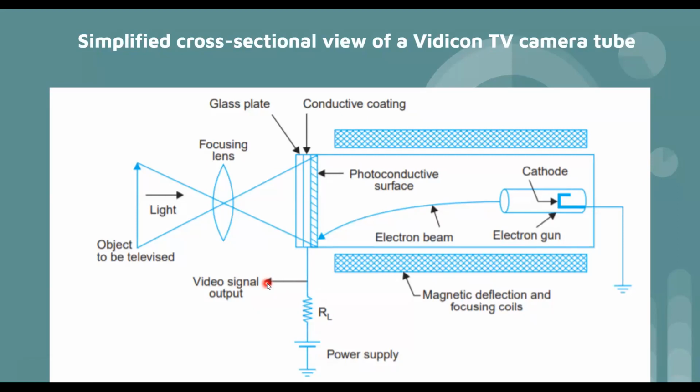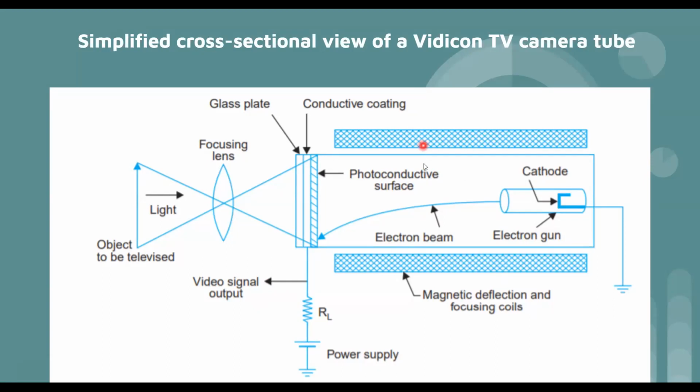From this slide, what we have to know is that the inner side of the glass faceplate has a transparent conductive coating on which is laid a very thin layer of photoconductive material. This photo layer has very high resistance.